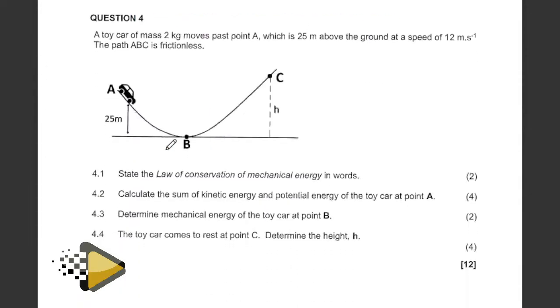Question 4, there is a toy car that is 2 kilograms moving past point A, which is 25 meters above the ground at this speed. The path ABC is frictionless. Can we state the law of conservation of mechanical energy?